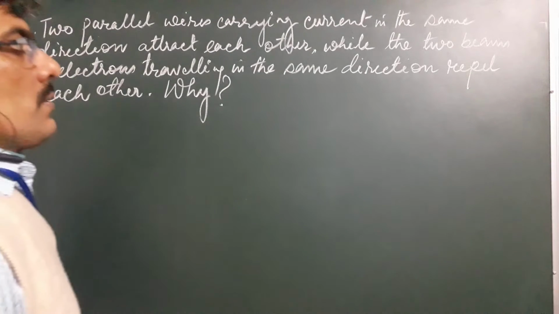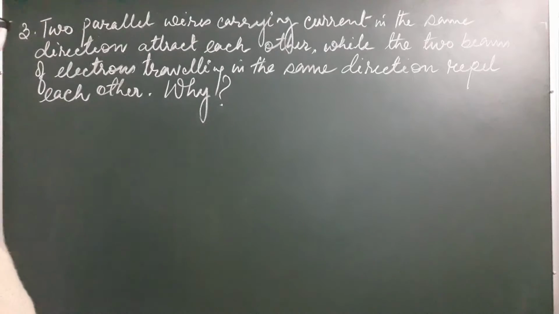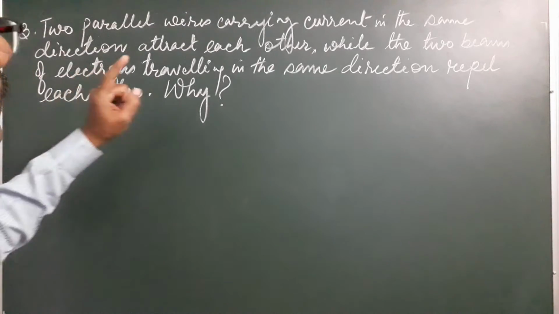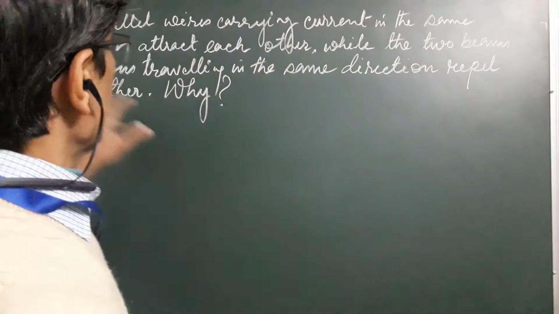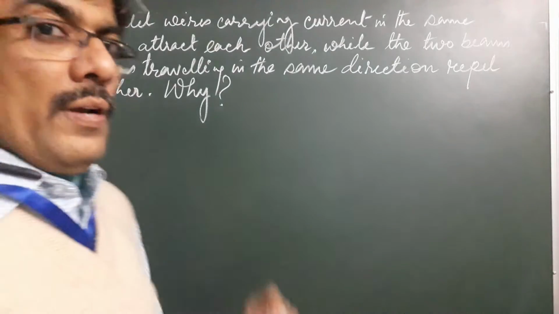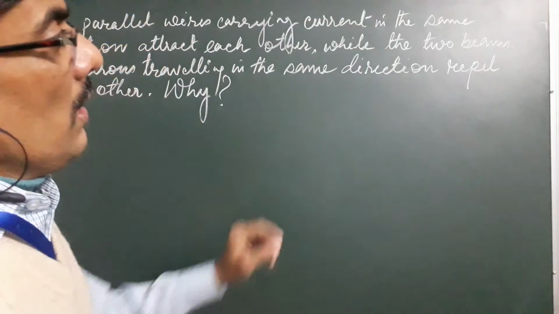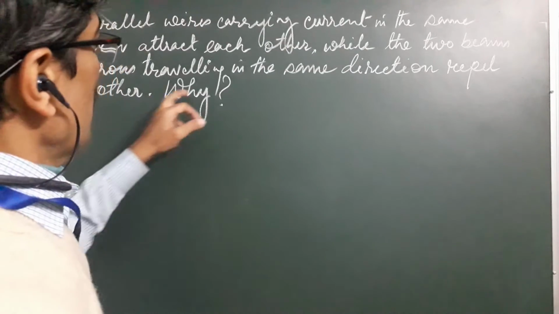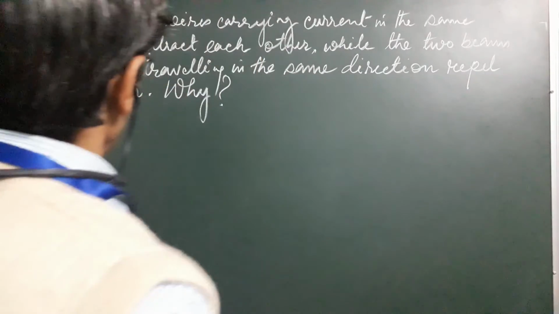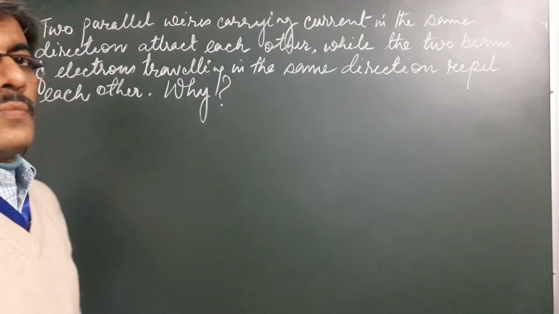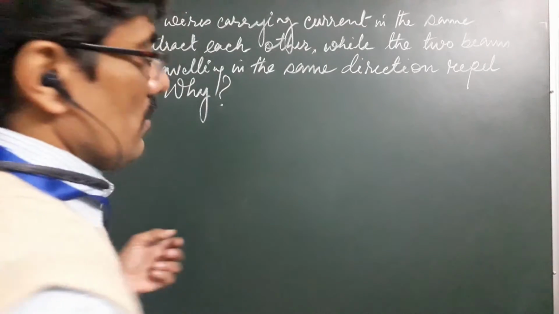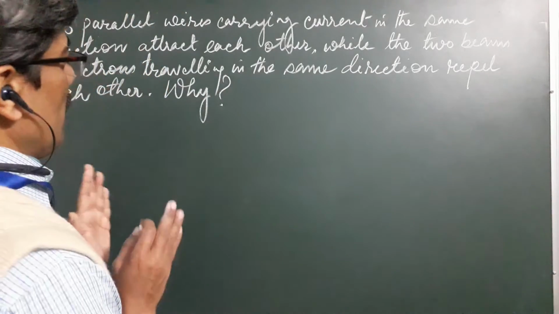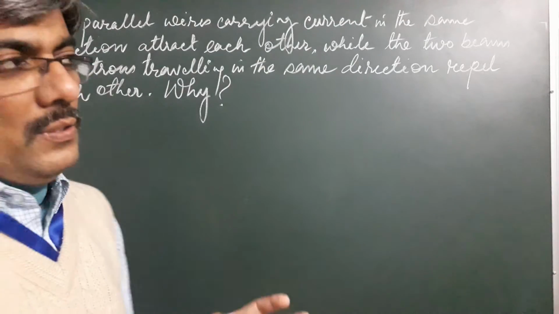The third question today, an interesting question. Two parallel wires carrying current in the same direction attract each other, while two beams of electrons traveling in the same direction repel each other. There are two beams of electrons, they are traveling parallel to each other in the same direction.